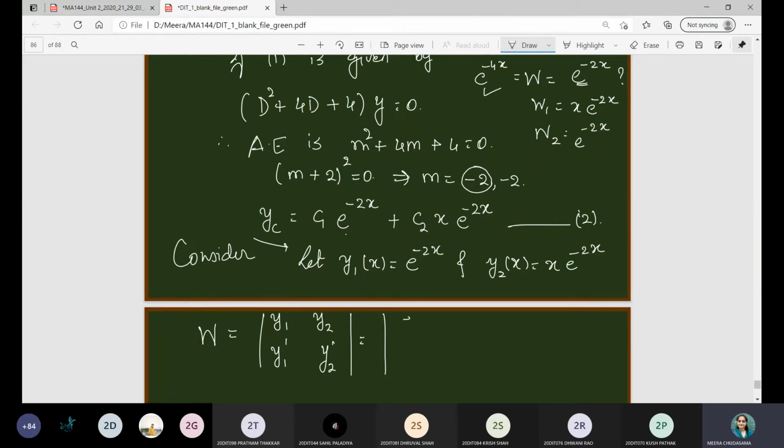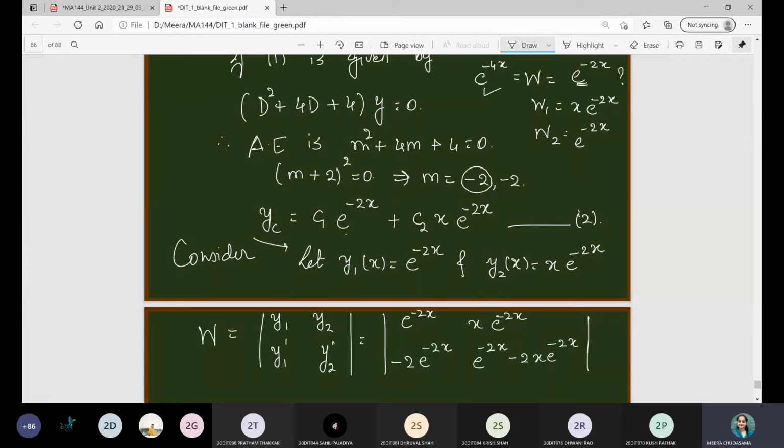So here it is e raised to minus 2x and here it is x e raised to minus 2x. So while considering the derivative, it is minus 2 e raised to minus 2x, and here first derivative of x is 1, so as it is e raised to minus 2x, and then x as it is and derivative of e raised to minus 2x, so minus 2x e raised to minus 2x, right?